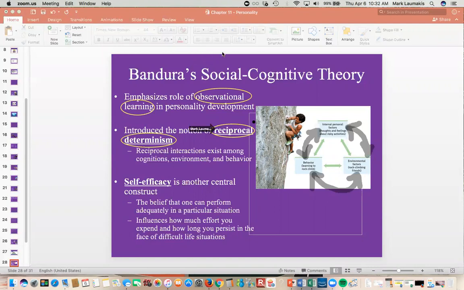The third and final factor that he tries to draw in as a big driver of our personality is self-efficacy. This is actually my favorite of the 3. I think this is a huge concept. I think it's important for real life here. Here's the idea. Self-efficacy, if we define it, is the belief that you can perform adequately in a particular situation.